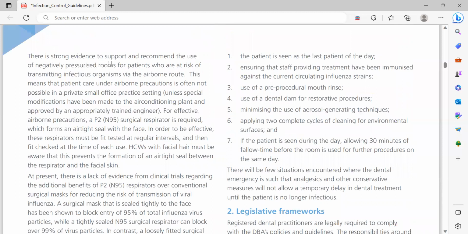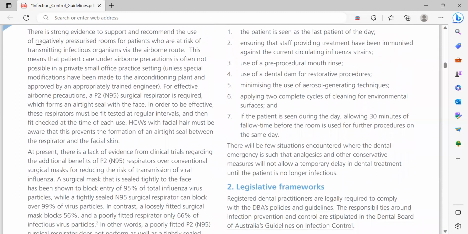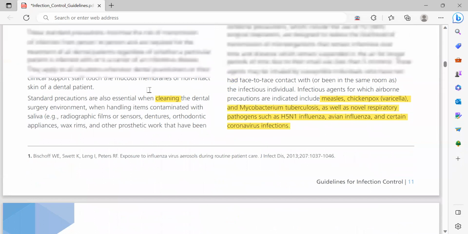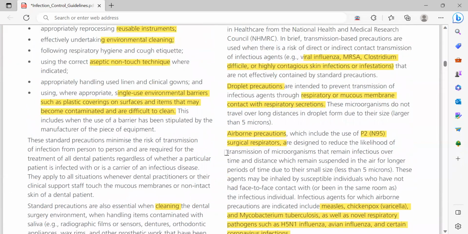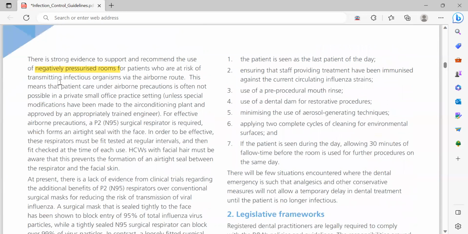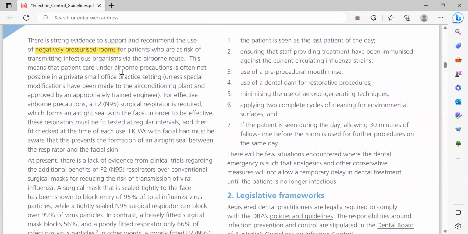And there is strong evidence to support and recommend the use of a negatively pressurized room for patients who are at risk of transmitting. So there are two precautions that we have read so far. First is the mask, surgical respirator, and second is the room should be a negatively pressurized room. This means that patient care under airborne precautions is often not possible in a private small office practice setting.